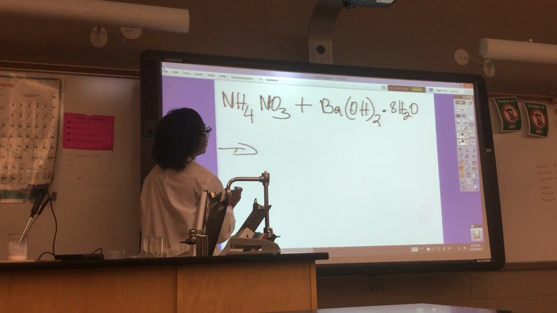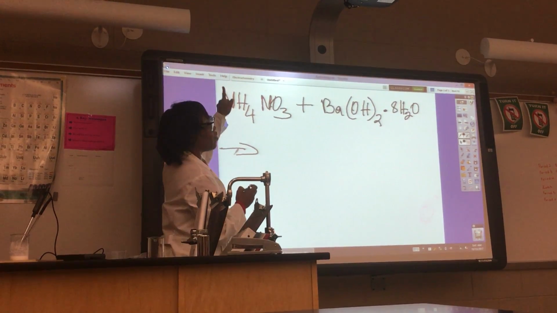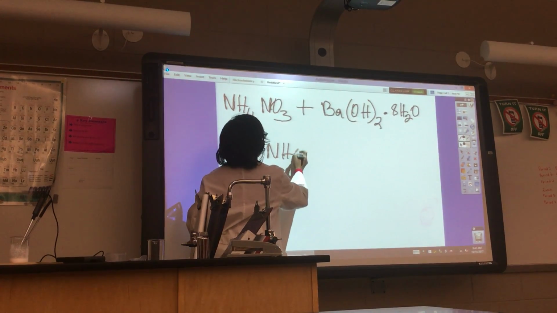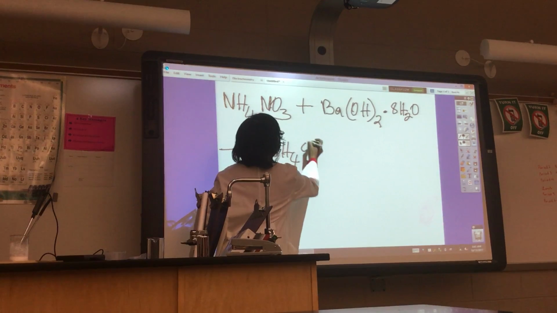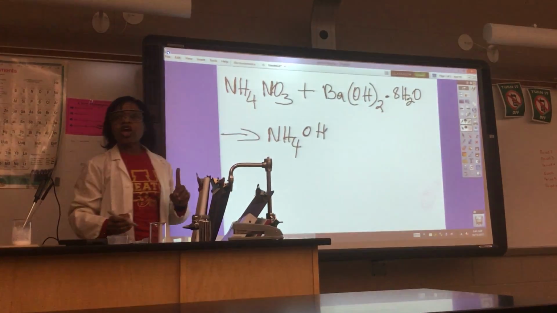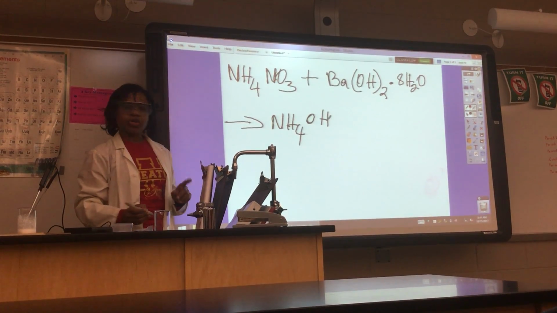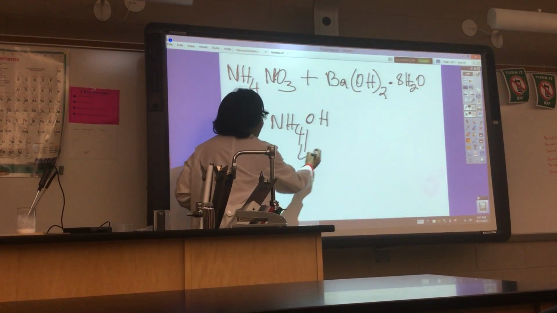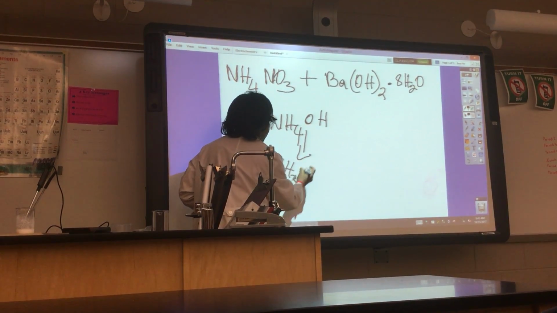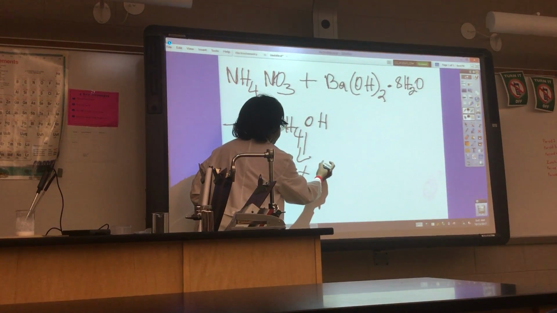If we do a double displacement reaction, we have ammonium hydroxide, NH4OH. But what happens is the ammonium hydroxide will decompose into ammonia, NH3, and water.